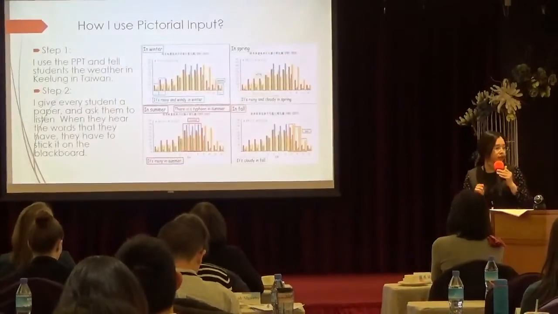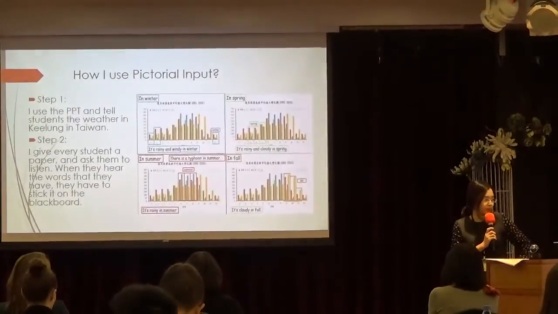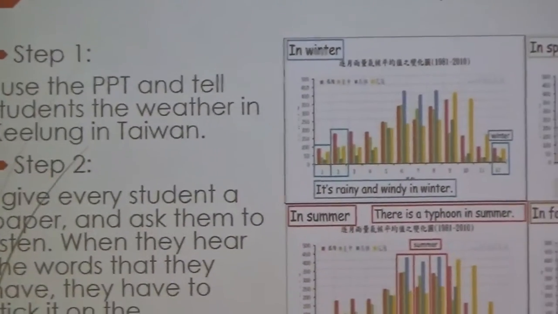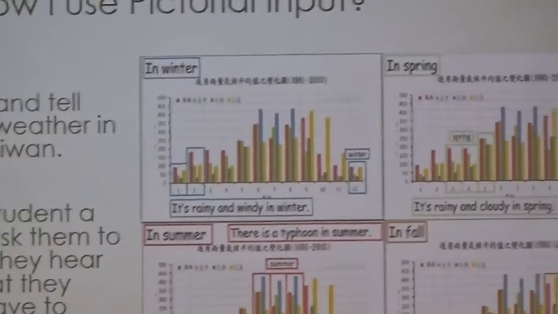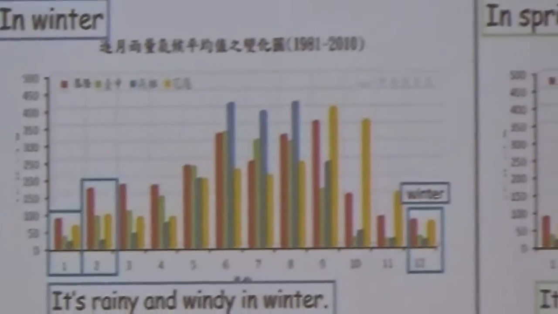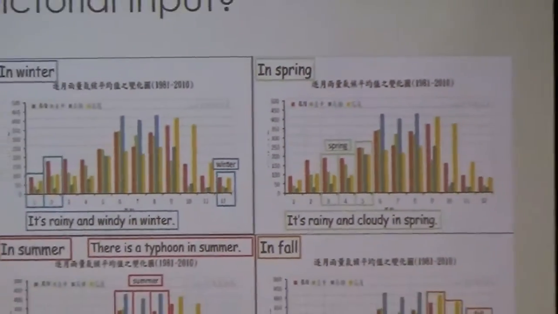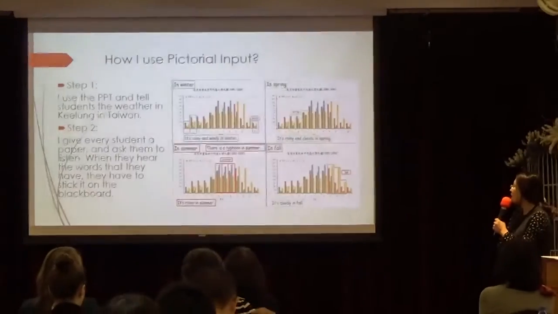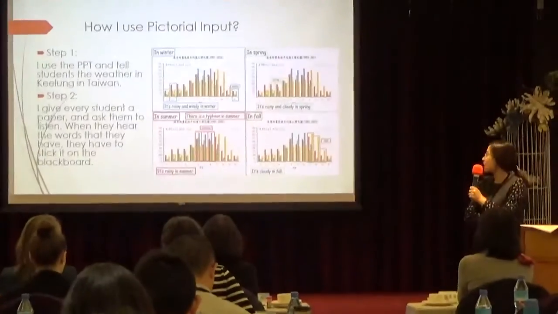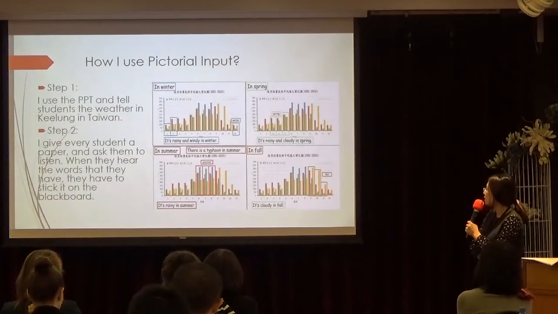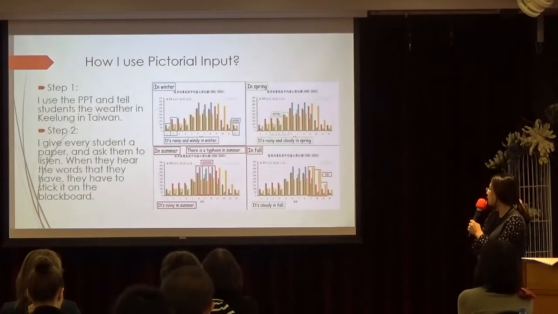And now I want to tell how I use pictorial input in my class. Actually, I'm not good at drawing, so I use PowerPoint to show my students. This is a topic about weather, so I tell my students the weather in Keelung in Taiwan with this PowerPoint. And in the second class, I will give my students a paper and ask them to listen.